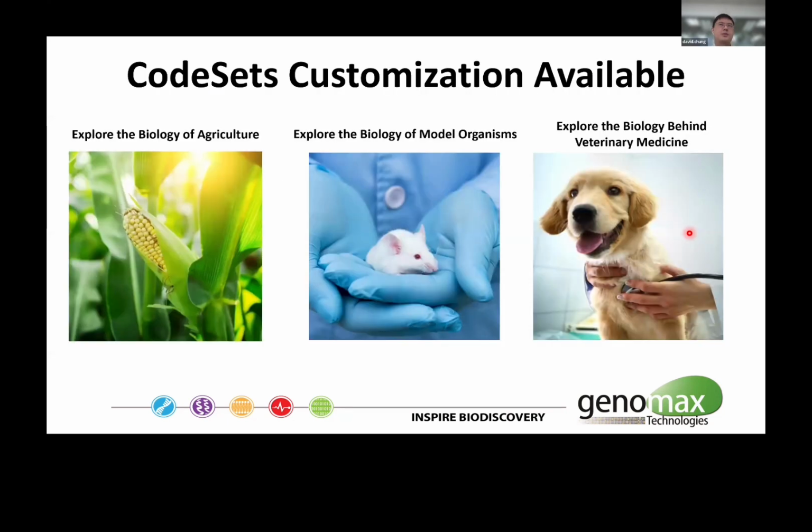Most of their panels, all the panels that I've been through earlier, are mainly for human or mouse. But let's say you are working on some other organisms like plants or zebrafish, or you are doing veterinary medicine, studying dogs, chicken, cows, for example, then you can do a custom panel.